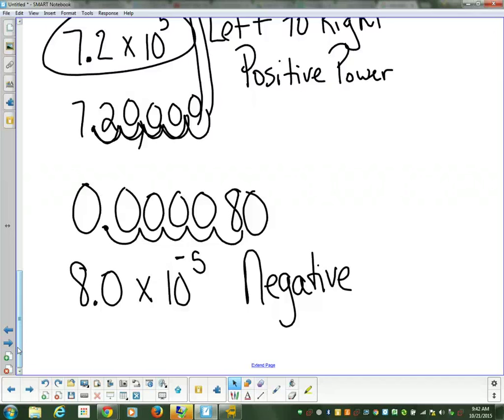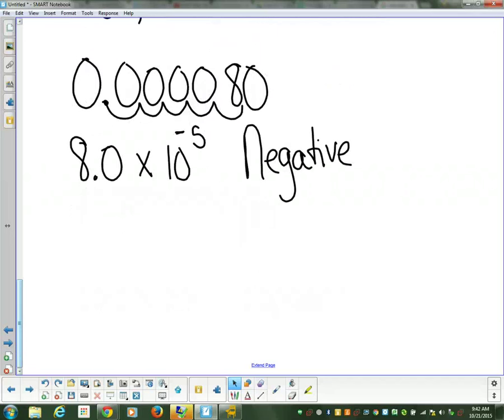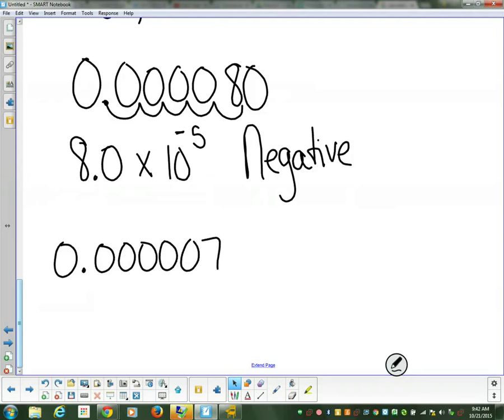Alright, let's do another example of this. Let's do 0.00000075. Okay, do that one in your notebook.